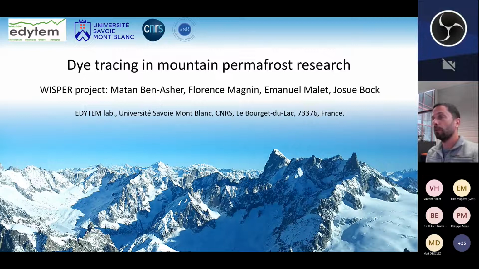In mountain permafrost, it's more rock that is permanently below zero, and it's just cold because it's high. In the Western Alps, where I work, we usually find mountain permafrost roughly above an elevation of 3,000 meters.